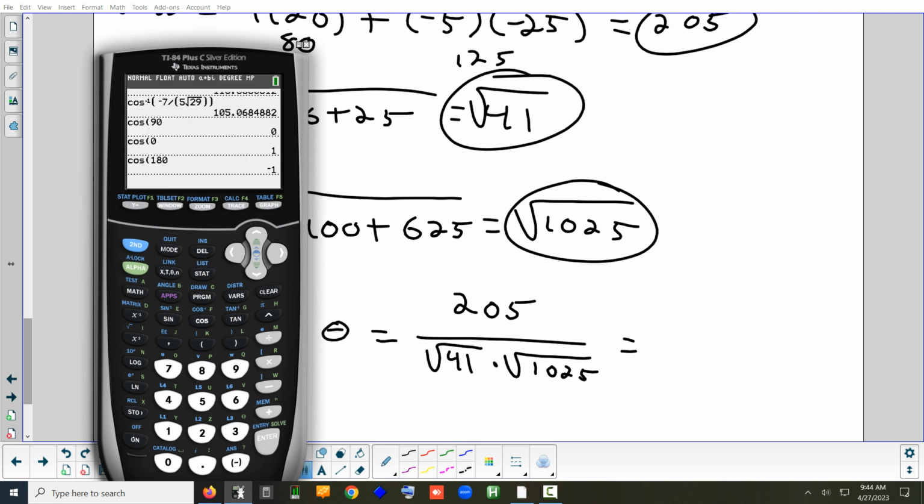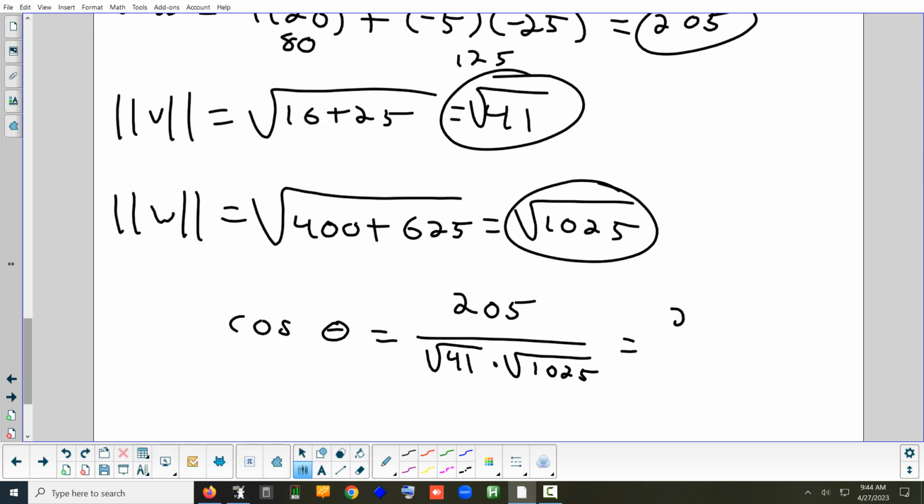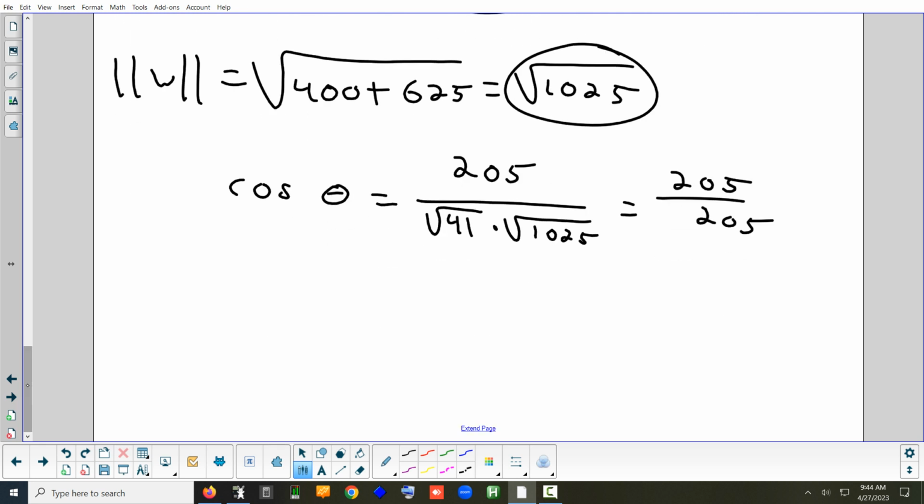So, let's see. Square root 41 times square root of 1025 gives me 205. So if you forget that that means parallel, well, you can keep going. And now you have cosine theta equals 1.